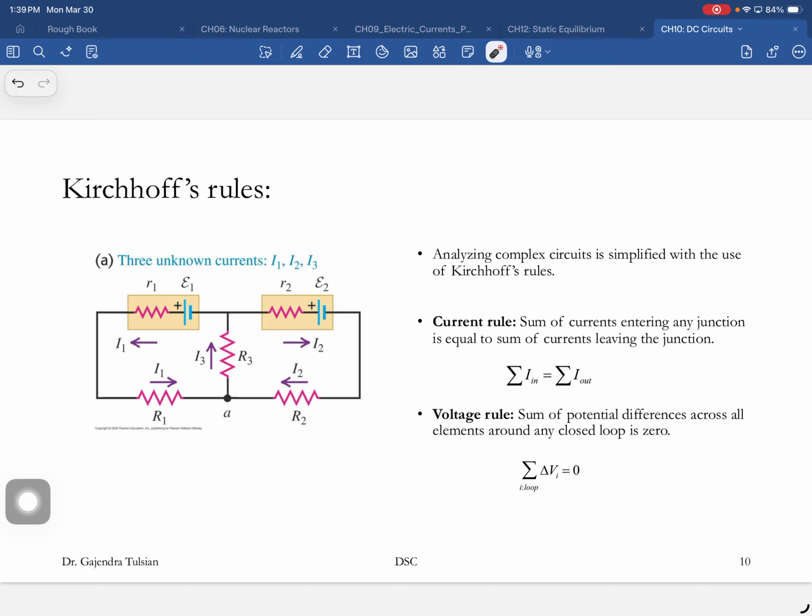So again, to solve a circuit problem is to find the current through all the elements. The number of equations one needs is equal to the number of unknown quantities. Which rule is the easiest to apply among the two?